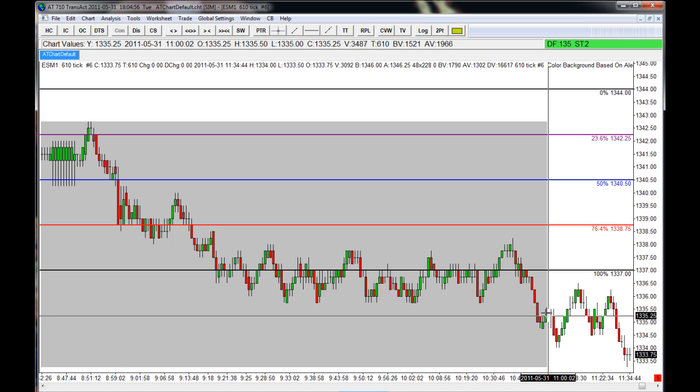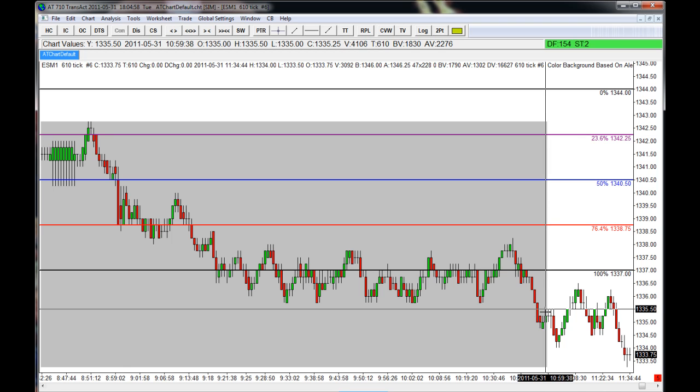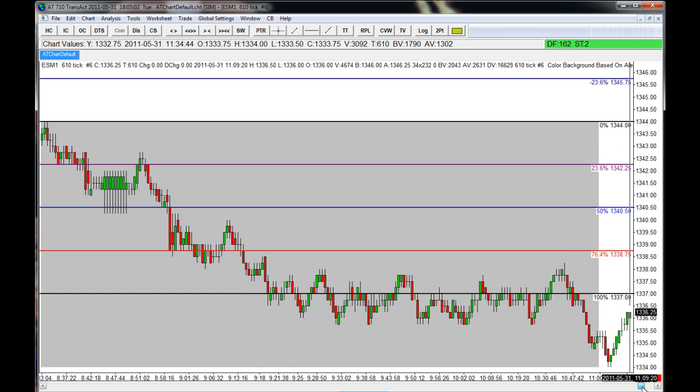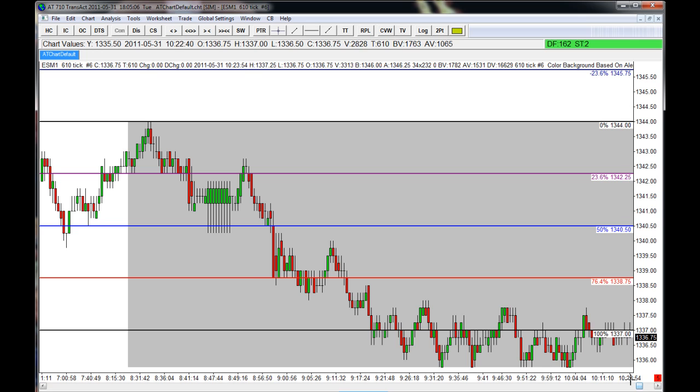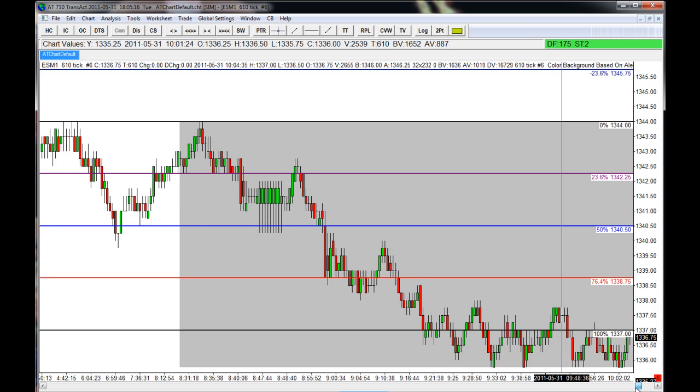This is Central Time, so it would be from 9:30 to 12 p.m. Eastern Time. If there's an indicator in your charting platform that does this for you, you can use that. Otherwise, just make sure you watch what time it is when you're placing your trades.